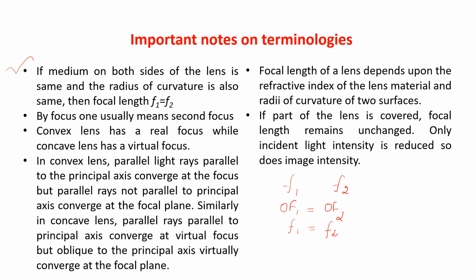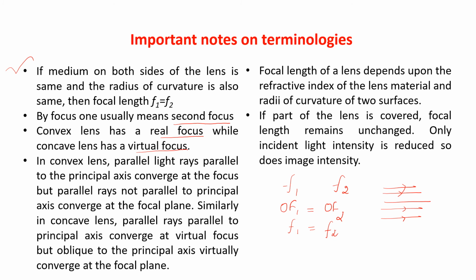Okay. Now, by focus, one usually means the second focus. A convex lens has a real focus, while a concave lens has a virtual focus. In a convex lens, light rays parallel to the principal axis, like this, converge at the focus.